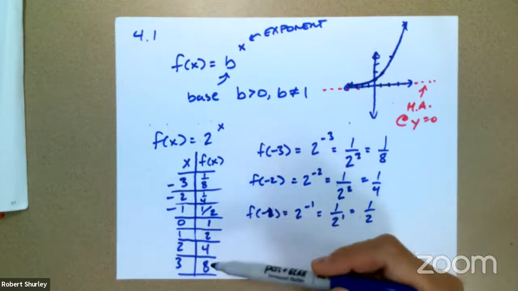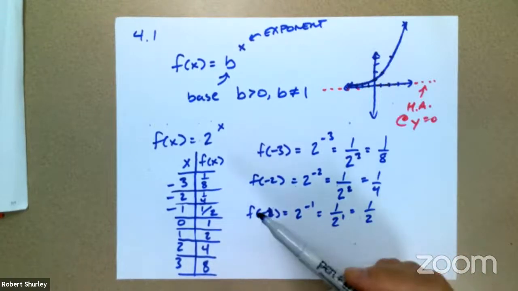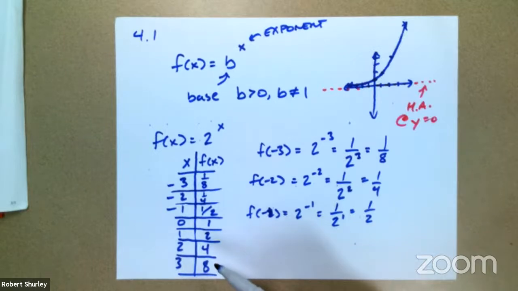It's doubling each time, and that's why it shoots off pretty quickly. I mean, if we kept going in order, we're going to go from 4 to 8, 8 to 16, 16 to 32, 32 to 64, right? We're going to shoot off real fast, exponentially fast. Okay, not a big deal.